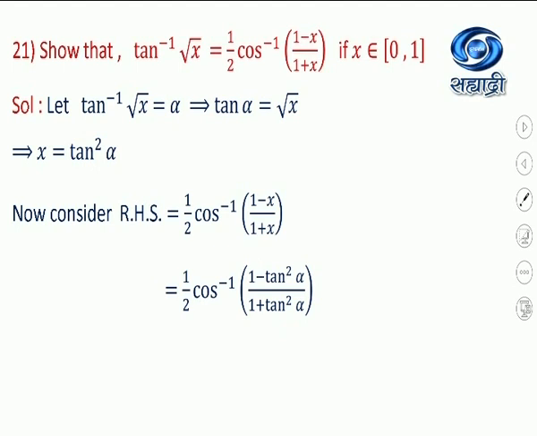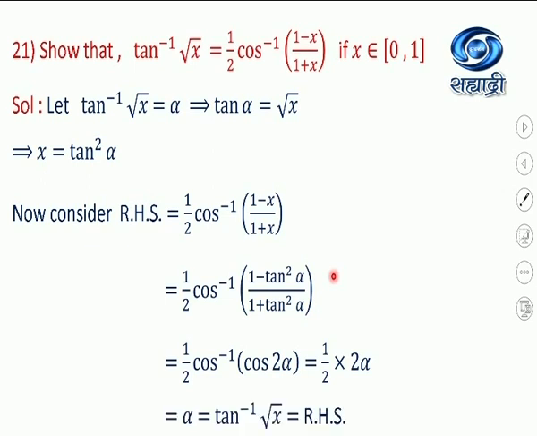Now if you are able to recall, this is the standard formula, which is the formula for cos of 2 alpha. Okay, so we have 1 upon 2 cos inverse of cos 2 alpha is equal to 1 upon 2 into 2 alpha, right? So this 2 and 2 get cancelled and we have alpha as the answer.